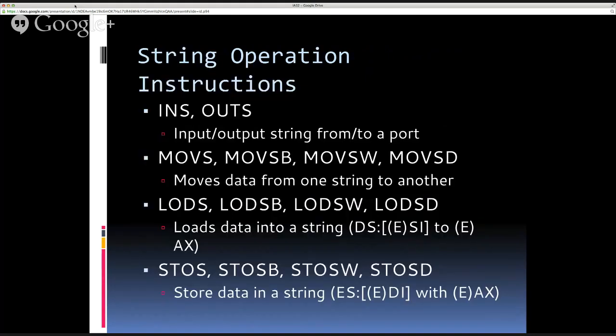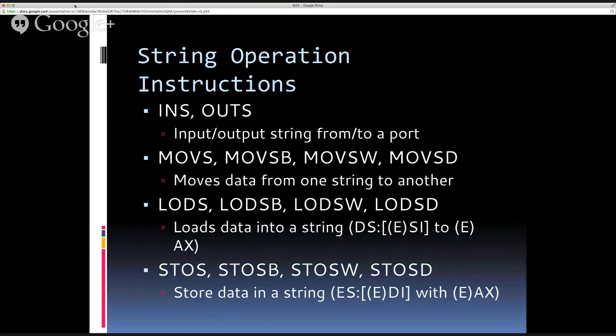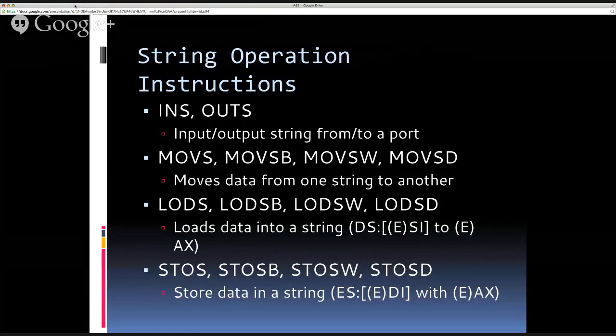And there are the string operations. These are a little bit more complicated because to use these instructions, you have to use multiple registers like ESI, EDI, and EAX. The load instruction is going to be loading from ESI in the data segment to EAX, and the store instructions are going to be storing the string in EDI with the contents of EAX.